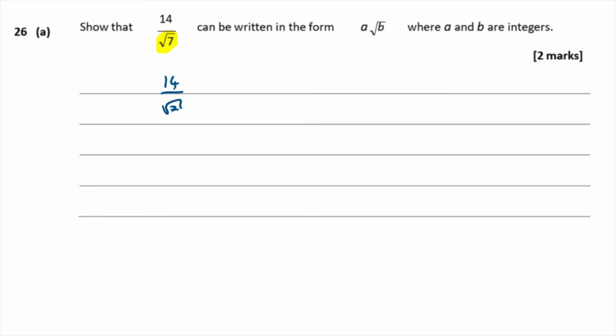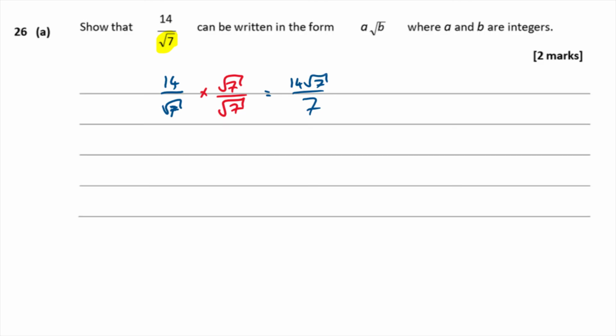What you do is, if you've got an irrational denominator like this, just times top and bottom by that same value you've got on the denominator. Root 7 divided by root 7 is just 1, so all I'm doing is multiplying through by 1, so I'm not going to change the value, but I will change its form, because root 7 times root 7 is 7, and that leaves me with 14 root 7 on the top there.